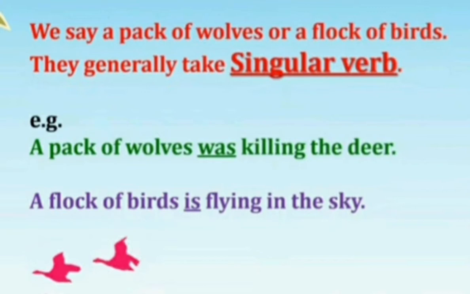Like a pack of wolves, here we use the singular verb was. So, a pack of wolves was killing the deer, and next, a flock of birds is flying in the sky. We use the singular verb is here because we are talking about collective nouns. So we use a singular verb here.